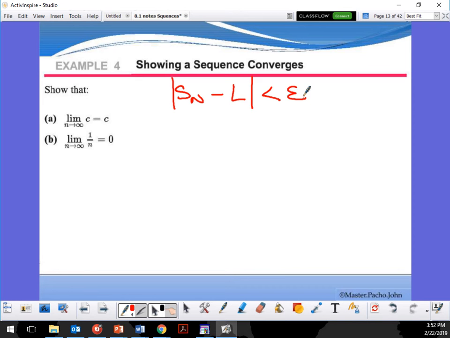So I'm going to say the absolute value of C minus, what is the limit? C is less than epsilon. Okay, so C minus C gives me 0. So now I'm going to have that 0 is going to be less than epsilon. So epsilon has to be greater than 0.